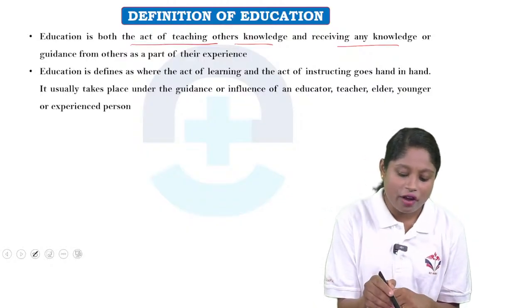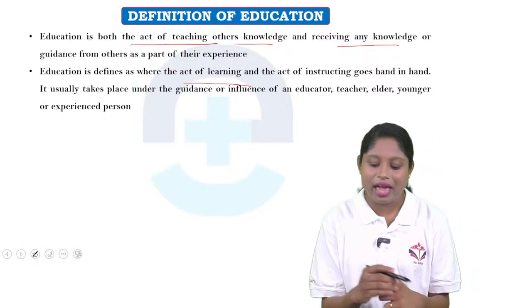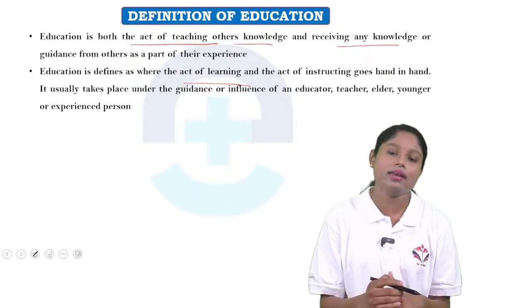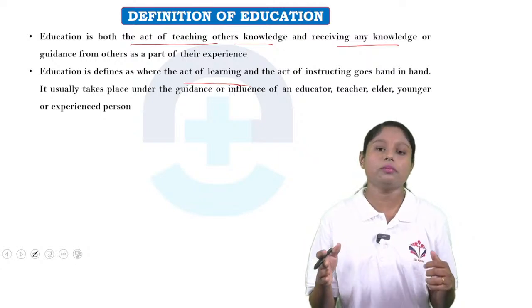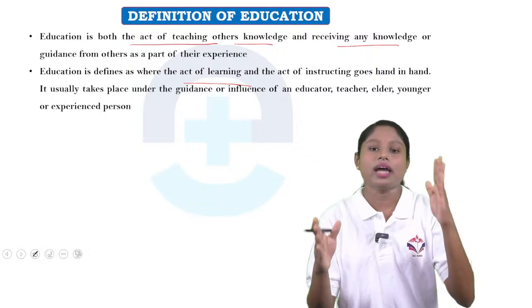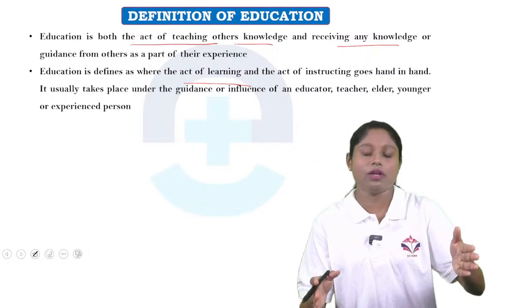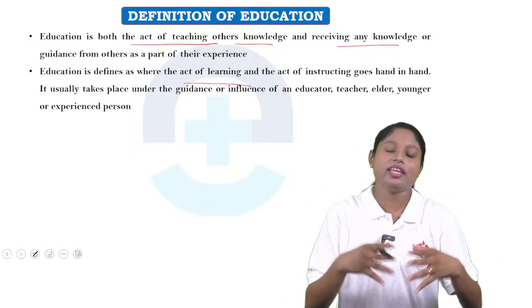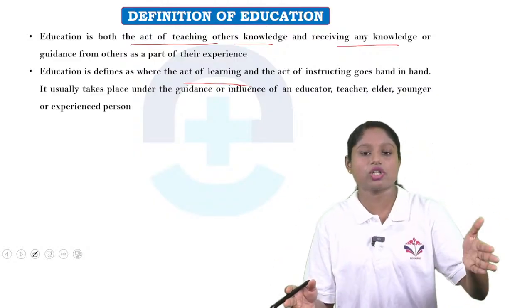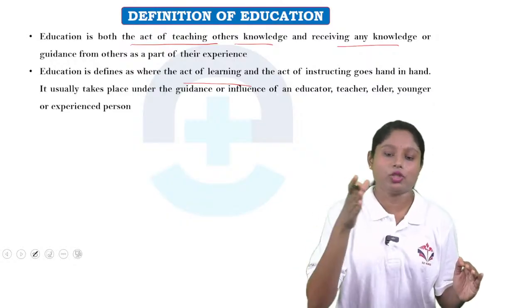Education is where the act of learning and the act of instructing go hand in hand. The teacher will be there, the student will be there, then the education will be complete. Instruction should be there, and learning should also be there.